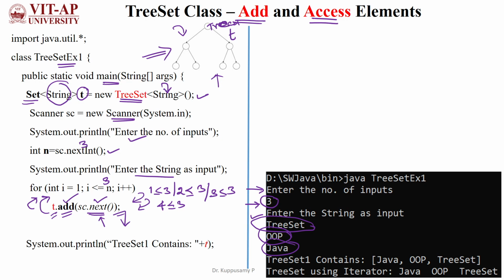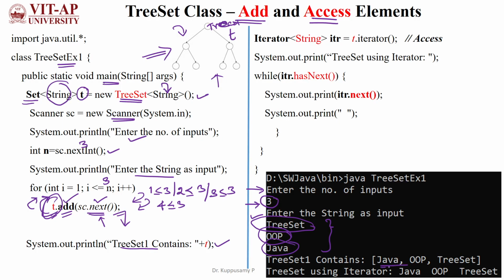Once it comes out of the for loop, I am printing the tree set, which contains the values stored in the variable t. So t has 3 values, but they will be sorted in alphabetical order, because the SortedSet interface stores the values in ascending order.